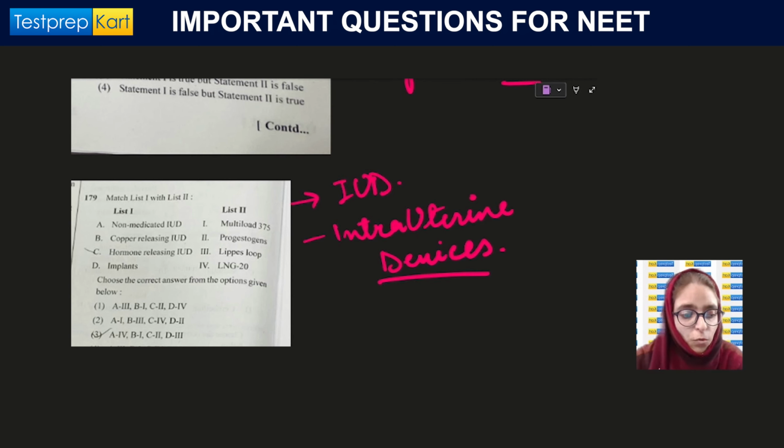Now, first of all, non-medicated IUDs. What are these? These are those IUDs which increase the phagocytosis of the sperms within the uterus. One example of a non-medicated IUD is the Lippes loop.